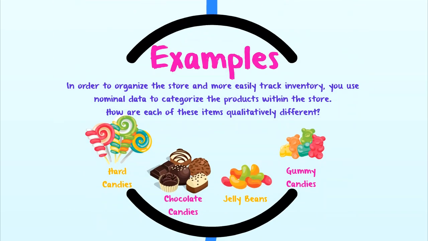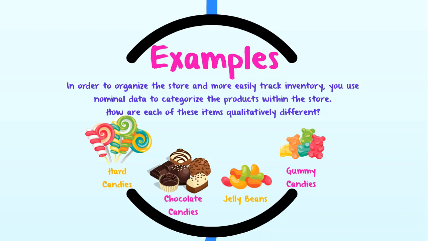For example, in our candy shop, we organized our candy because we want people to be able to come in and go into different areas of the candy shop and know what kind of candy they're going to find. So we utilized nominal data, where we classified our candy as hard candy, chocolate candy, jelly beans, or gummy candies.